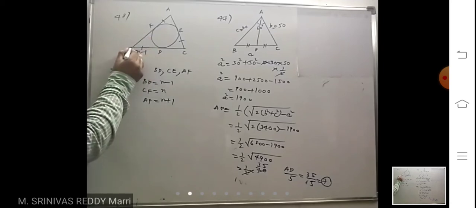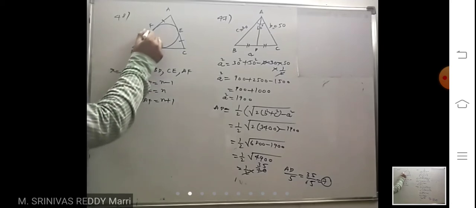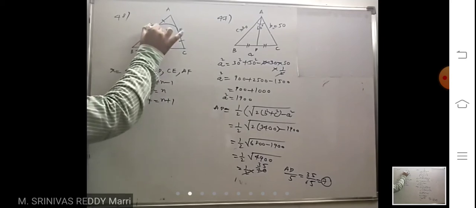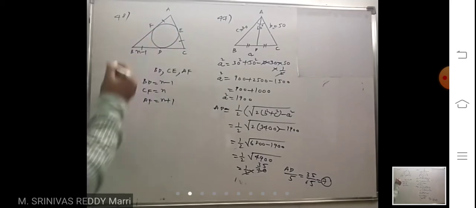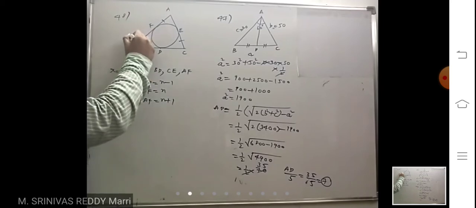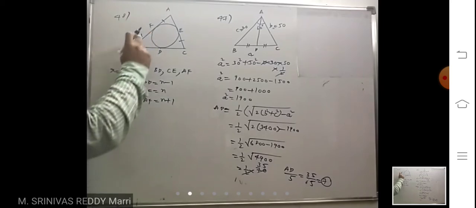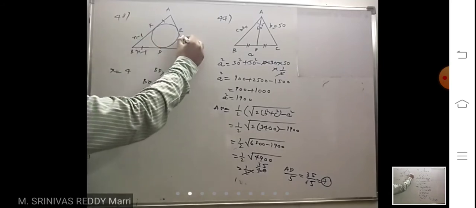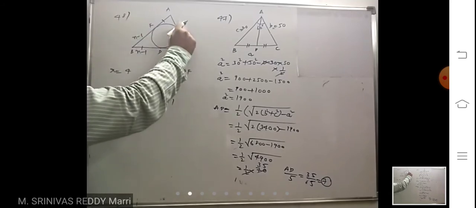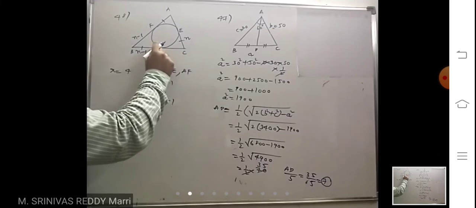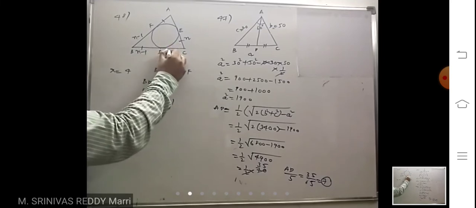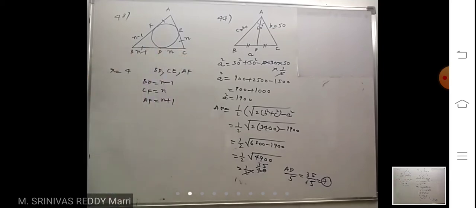Look at here. From B, BD and BF are lengths of tangents. They will be equal. In a circle, lengths of tangents are equal. So BF is also n minus 1. Now this is n. CE and CD are lengths of tangents, they will be equal, so this is also n.